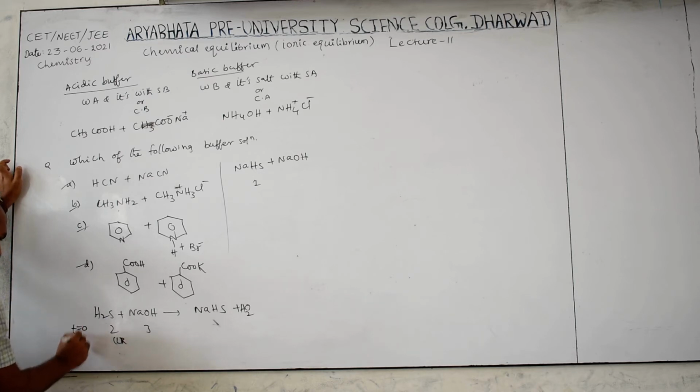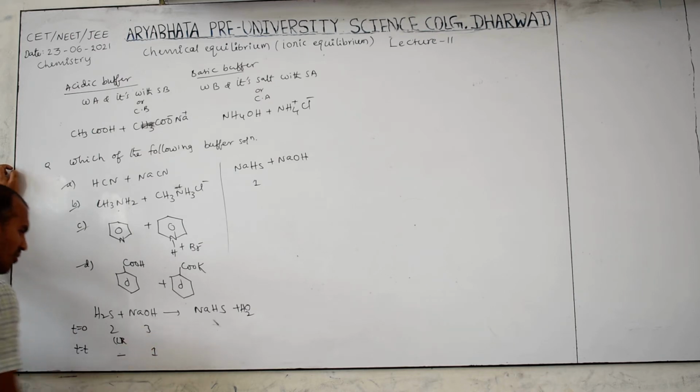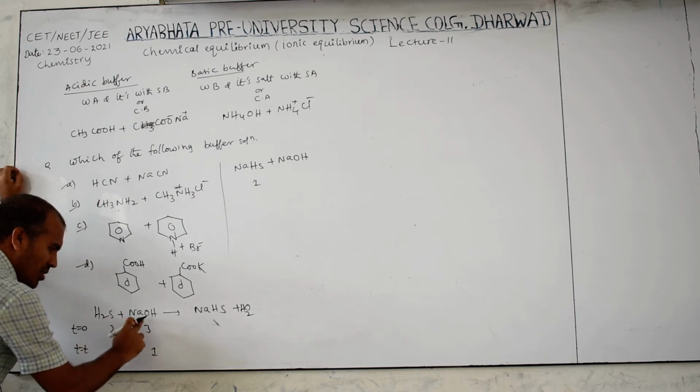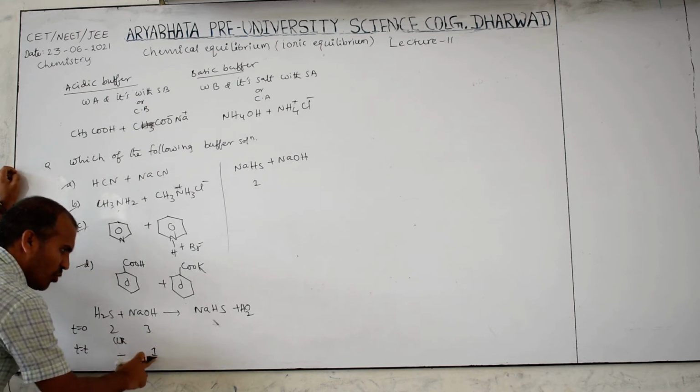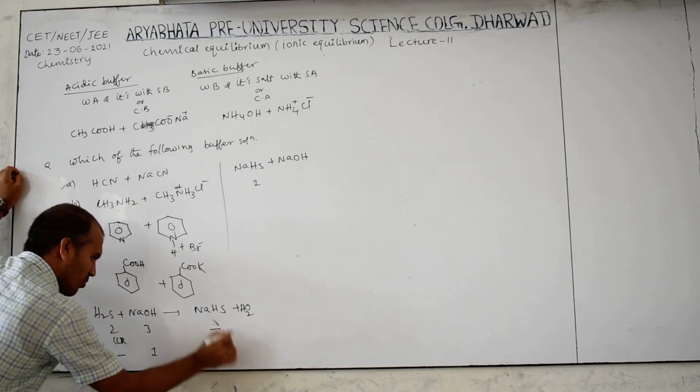At T equal to 0 and T equal to some time T, this reacts completely, and here 1 mole is left, because the stoichiometric coefficient ratio is 1:1. Therefore, here 2 moles react, here also 2 moles react, then 1 mole is left. Initially nothing is formed, but here 2 moles are formed.